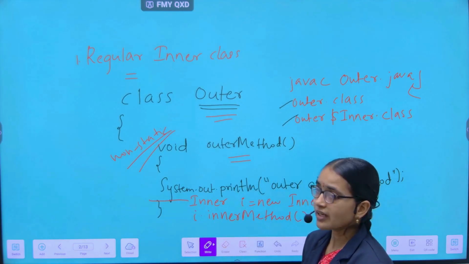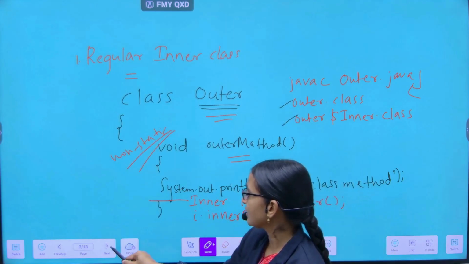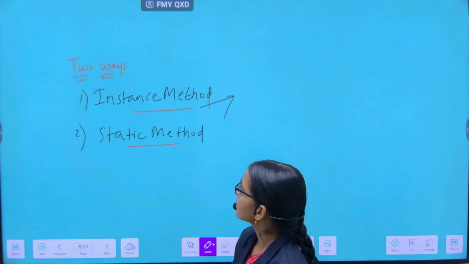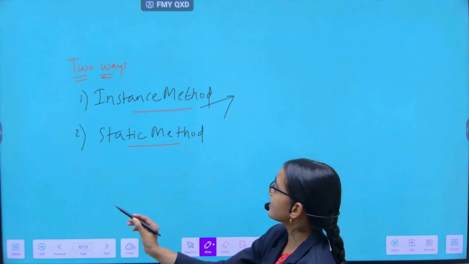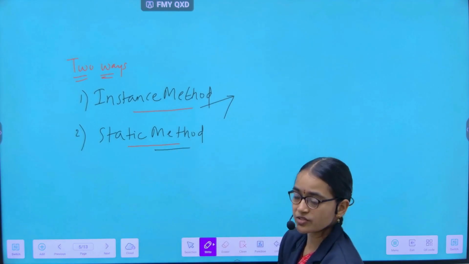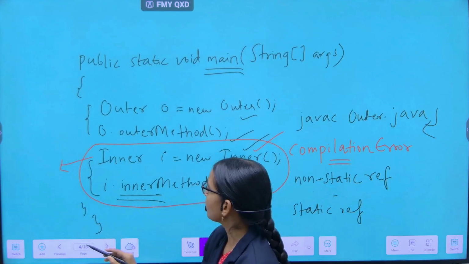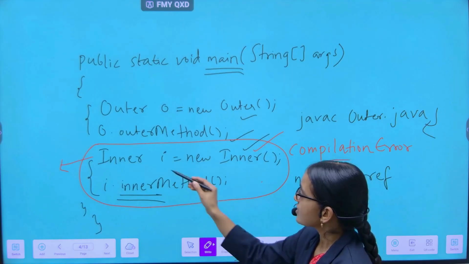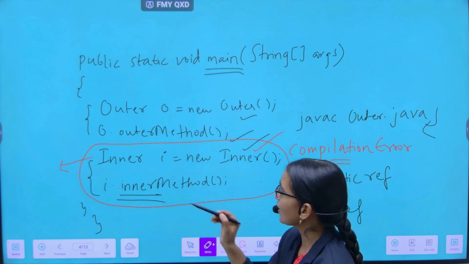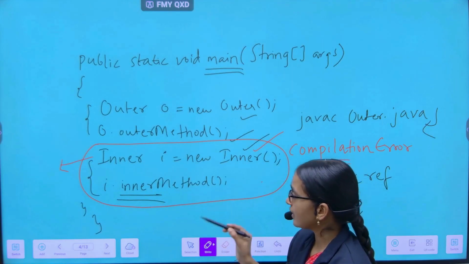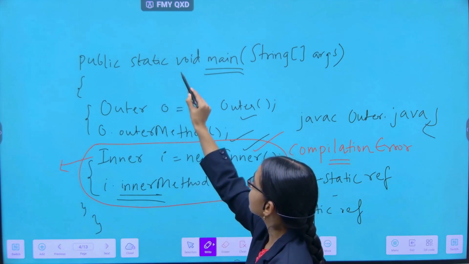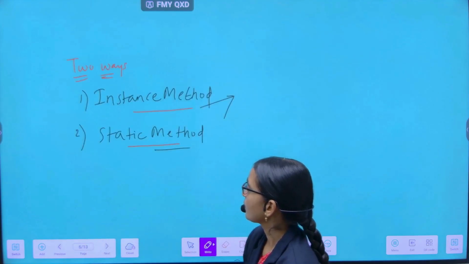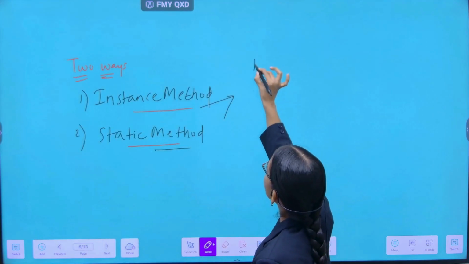Then we'll go with the second implementation, that is, the static way of implementation. So see how to implement this static way of implementation. Again, going back to the previous code, the same portion of the segment, right? Instead of writing these two lines of statement, here you have to use the same code for the main method.